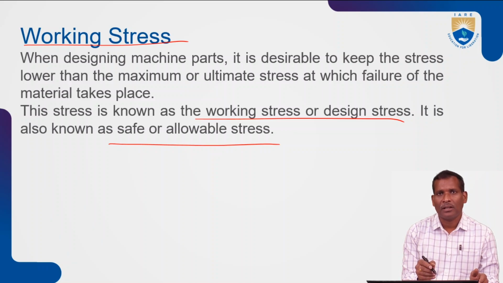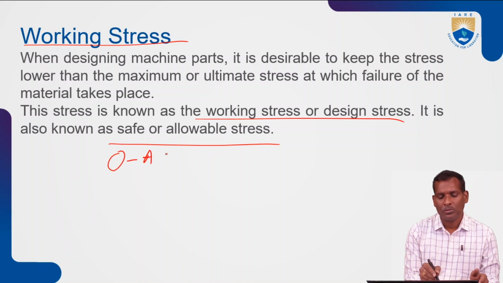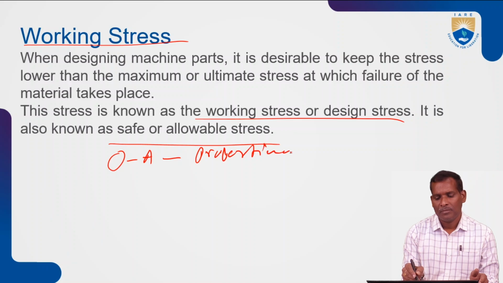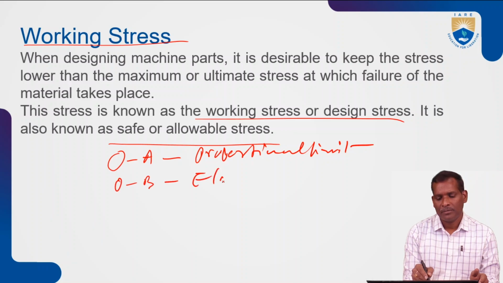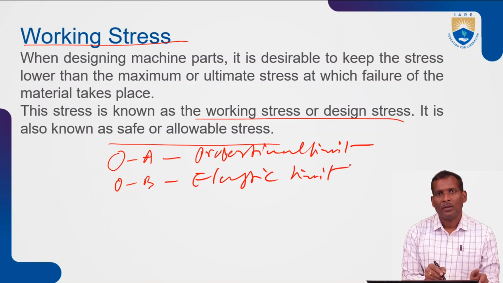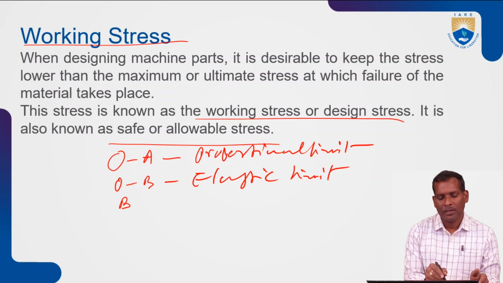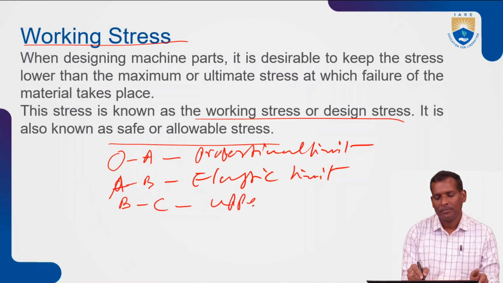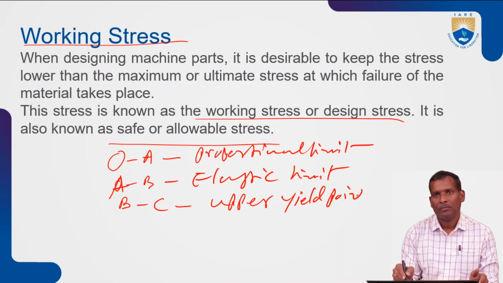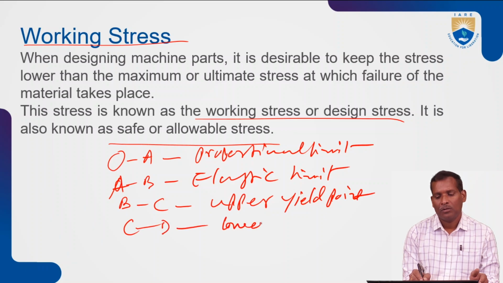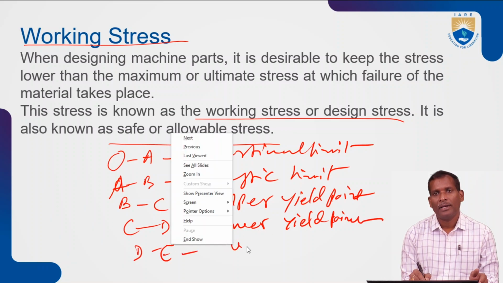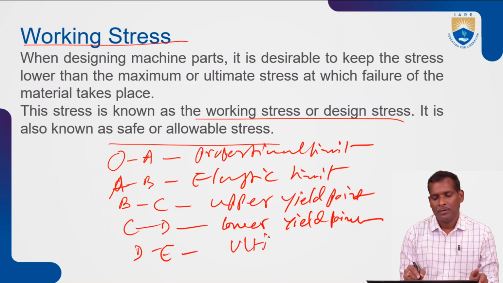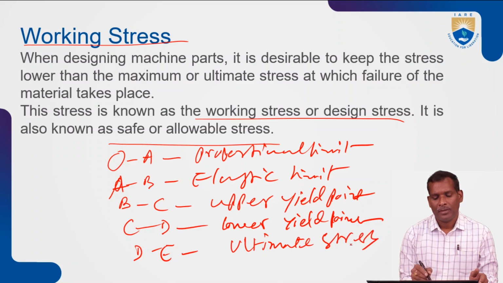So in the stress strain diagram, we have learned O to A is the proportional limit, B is the elastic limit, B to C is the upper yield point, C to D is the lower yield point, D to E is the ultimate stress, and E to F is the breaking stress.